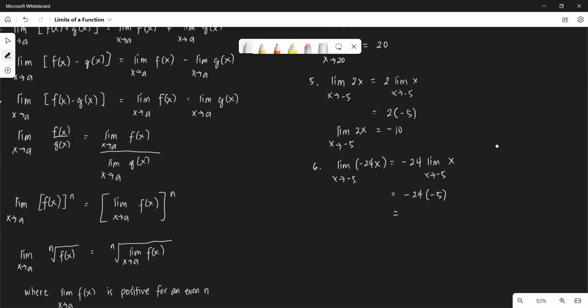Or if the function being multiplied to the constant is not x, let's say x squared, you see other properties. Okay, so -24 times -5. Okay, that's 120.